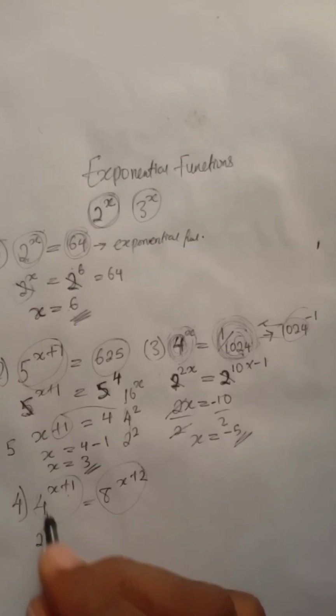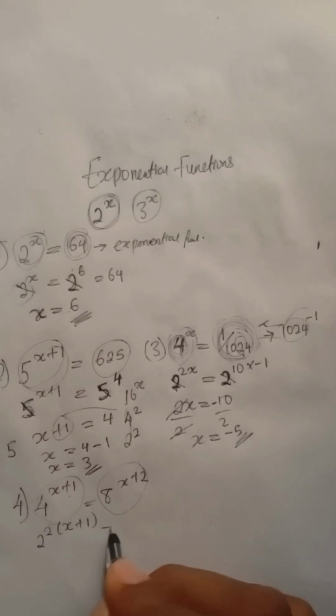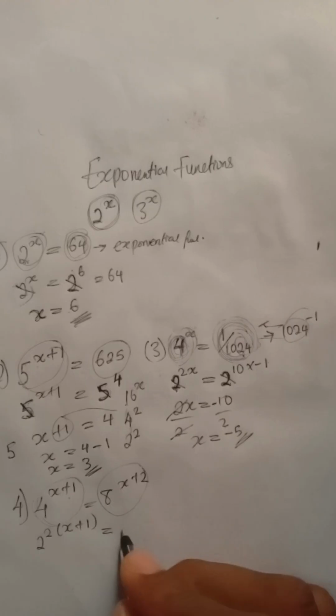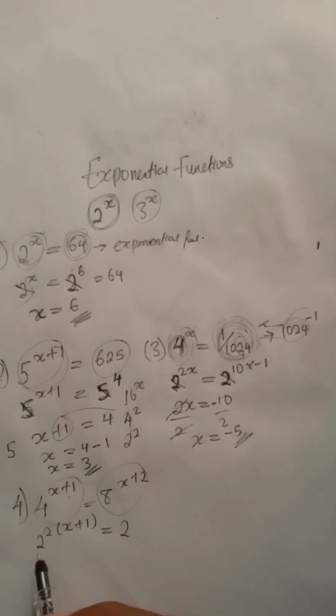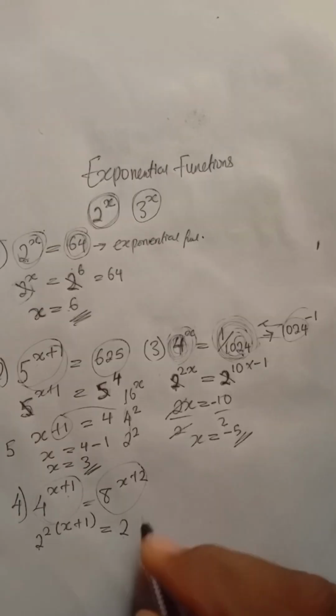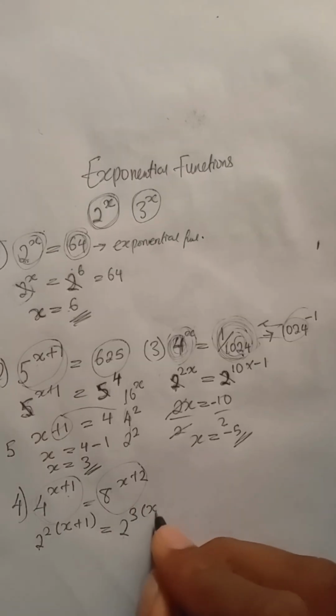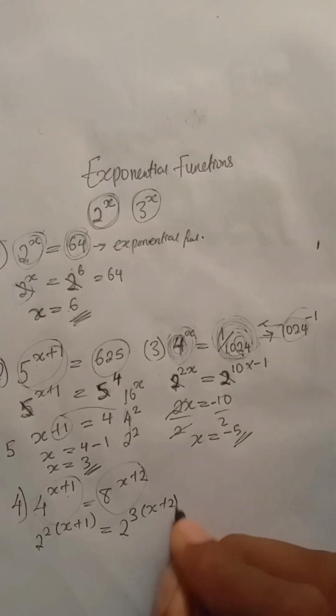2 raised to the power of 2 will give us 4, multiplied by x plus 1 equals to, the lowest base of 8 is 2, and 2 must equate the base of the unknown. So 2 raised to the power of 3 will give us 8, multiplied by x plus 2.